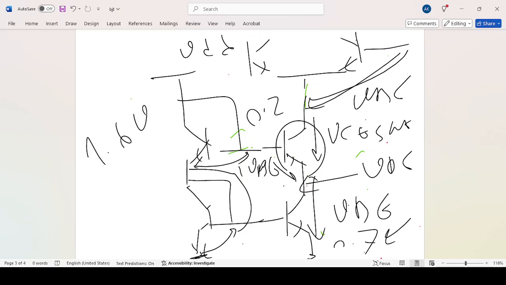Something you might not like, or I don't know. So one way to make this low voltage is just to remove this one and add this configuration, and we know how to do that in CMOS.